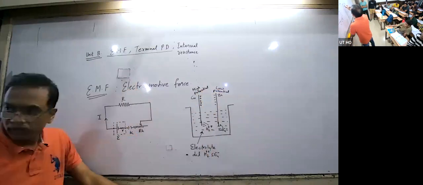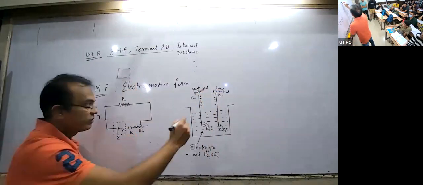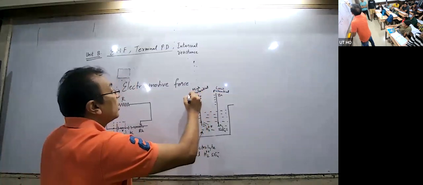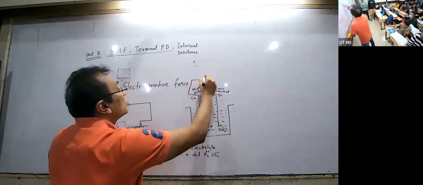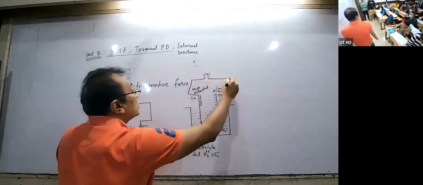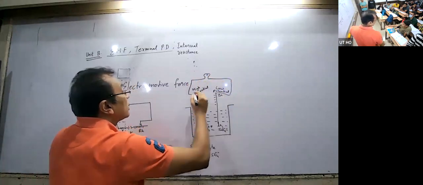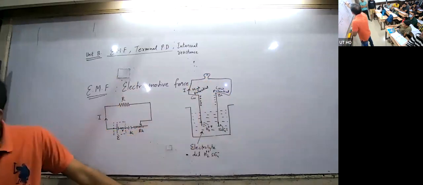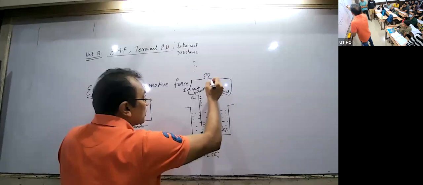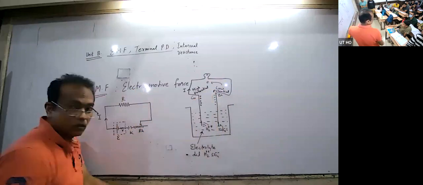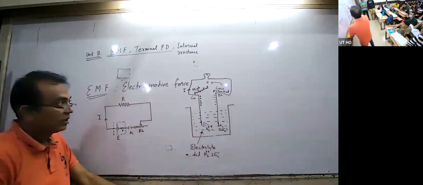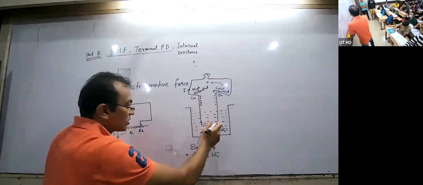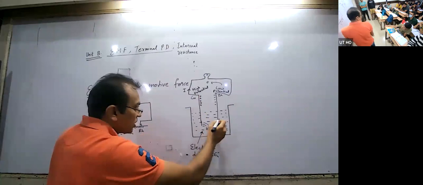Therefore, if any outside resistance or load is connected, there will be a flow of current. How does this flow of current take place? One electron will come from here like this, and it will neutralize the plus, right? The moment this happens, again, this lost electron will be supplied on both the terminals.